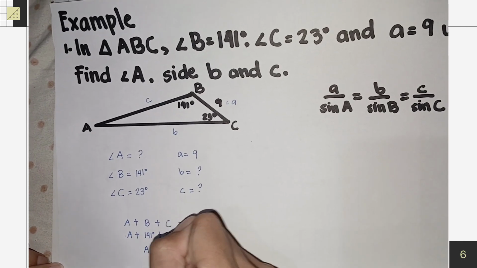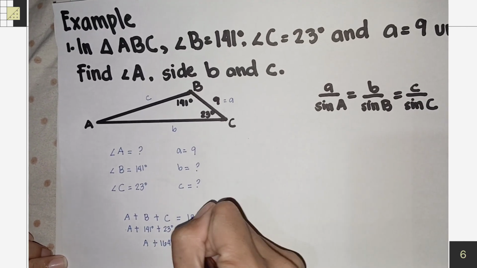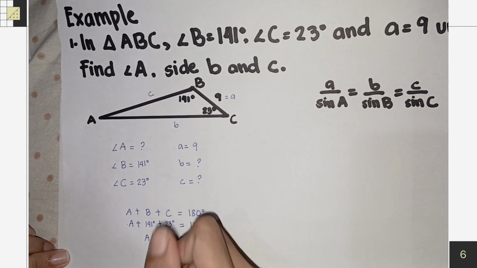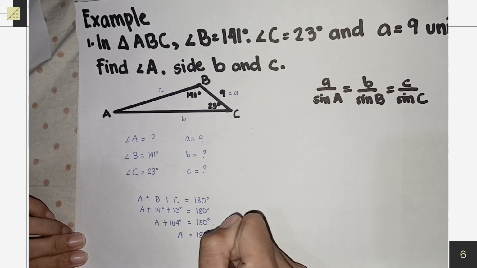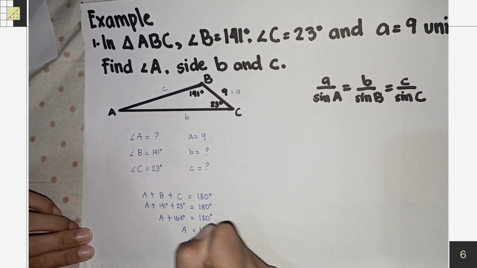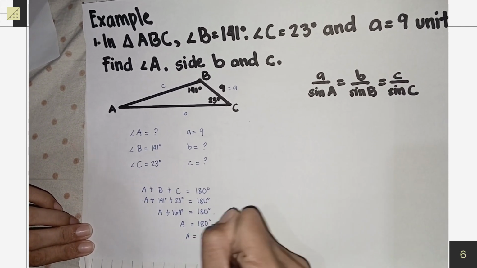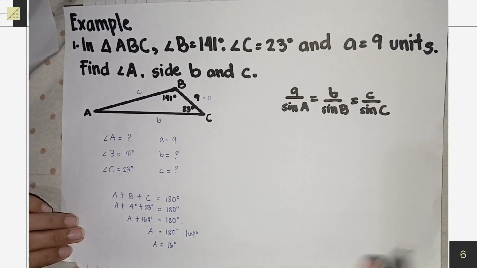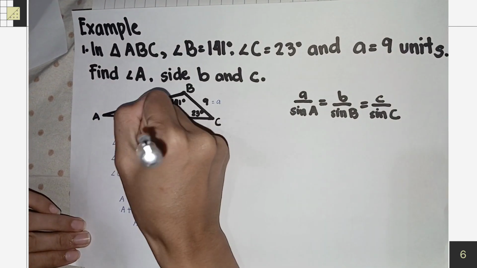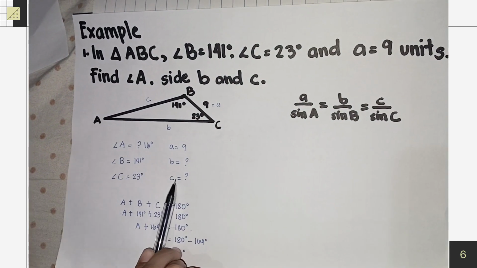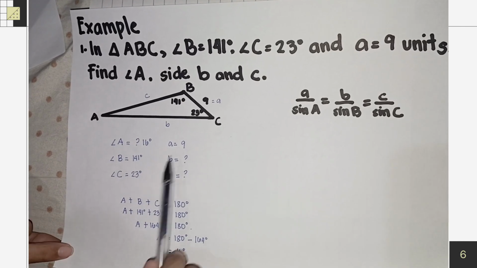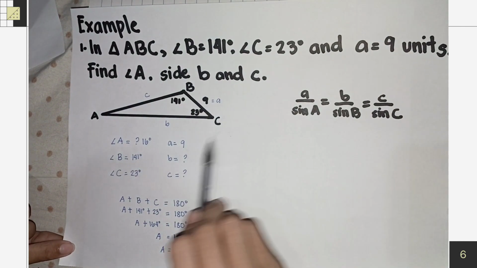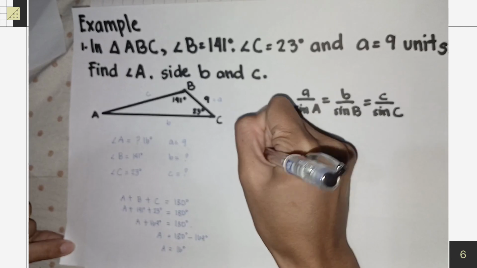We can get the sum of 141 and 23. We have A plus 164 degrees is equal to 180 degrees. Then, let's subtract 164 degrees from 180 degrees. We have A is equal to 16 degrees. We are now left with sides b and c.